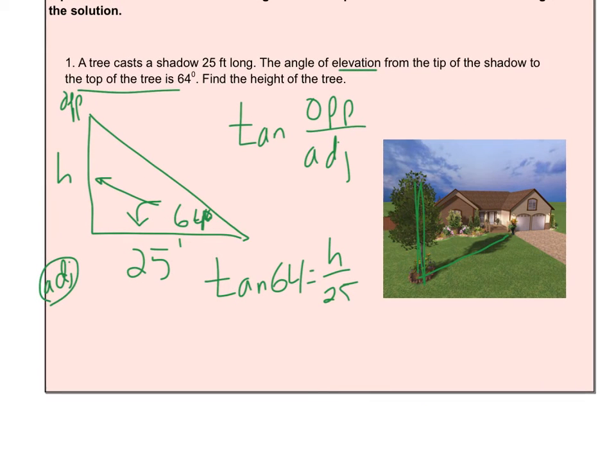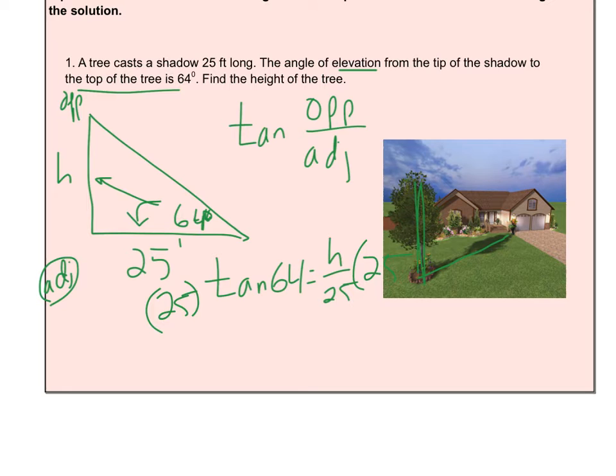Now, from 6.4 parts 1 and 2, if you remember, I showed most of you this shortcut. Sorry, I don't want to do that. Back up. All I want to do to solve this is multiply both sides by 25.